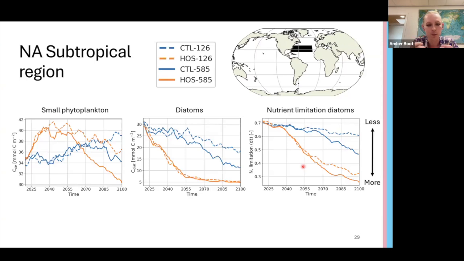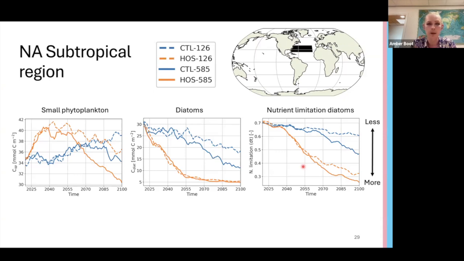And there you get this interplay, because small phytoplankton also see this reduction in nutrients. They also feel that they are in the same ocean. But the growth rate of phytoplankton is a function of the amount of nutrients and the amount of light available. And here, the small phytoplankton get more light available when diatoms disappear.